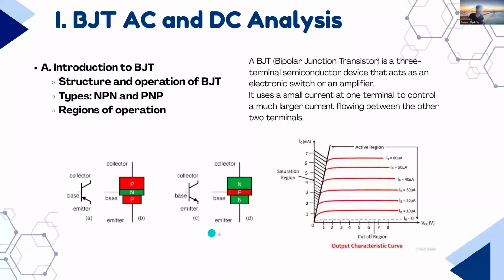Next, the saturation region. The transistor is fully on. It will act like a closed switch, allowing maximum current to flow. Then finally, in the active region, this is where the magic happens for amplification.